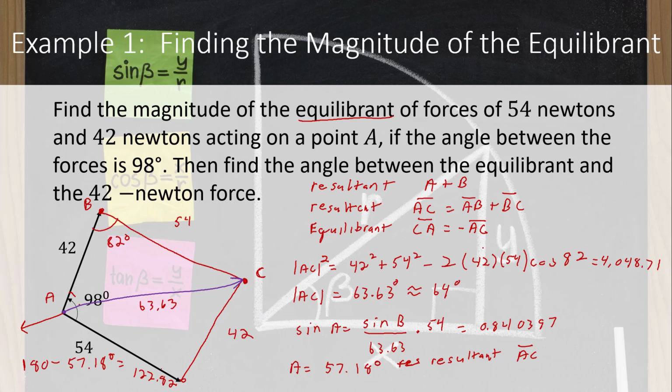So this angle of the equilibrium will be 122.82 degrees. Now, in your homework problems, you'll be able to round to the nearest newton and the nearest angle. So the magnitude of the equilibrium will be 64 newtons, and then your angle will be 123 degrees.